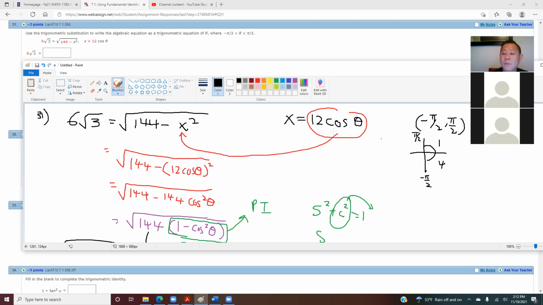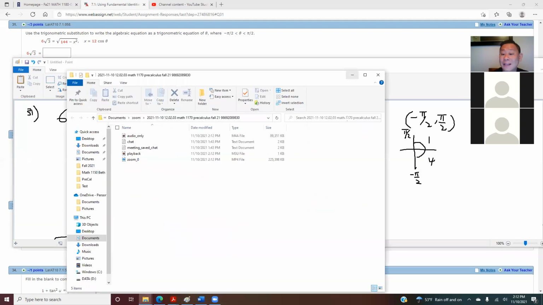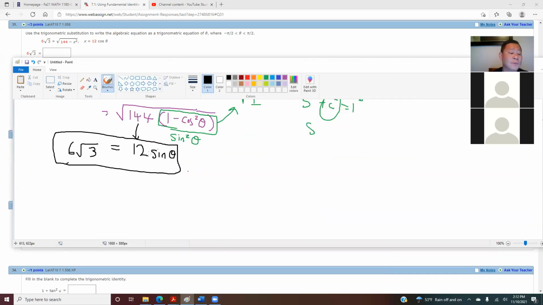So can someone tell me what happens for cosine in quadrants 1 and 4? Anyone? In 1 and 4, cosine is positive. So that's the reason you do not need absolute value.